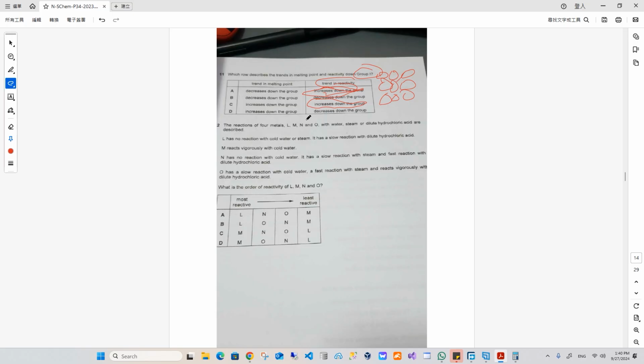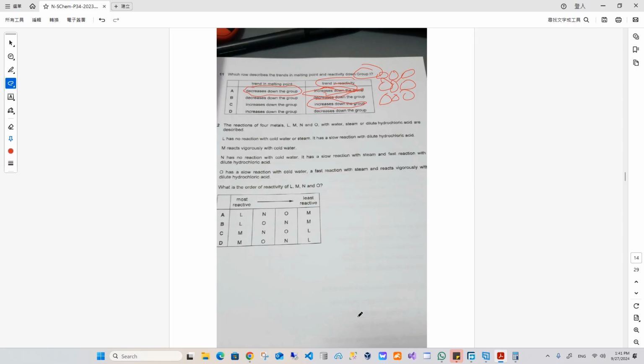If holding the particles together is about the electron sea attracting the atoms together, then the force between the electrons and the nucleus should be the dominant factor in how strongly they are held. So I will bet first, I may be wrong: the melting point should be easier to melt going down the group because the attraction between the electron sea and the atoms is getting weaker. I will choose this, but I might be wrong.